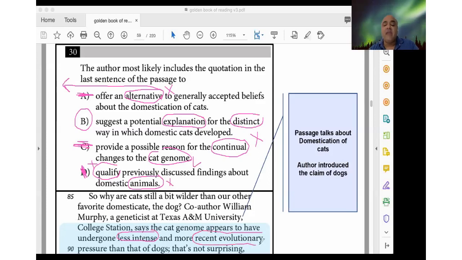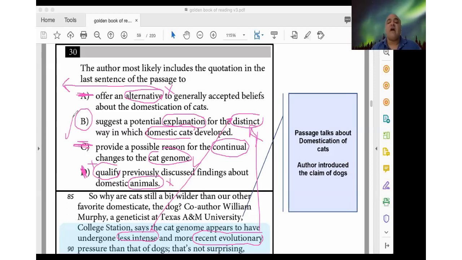Here you go, guys. And this makes it distinct, makes it special. Recent evolution and less intense. And it does stress the domestic cats. It does focus on the domestic cats. So choice B is the correct choice.